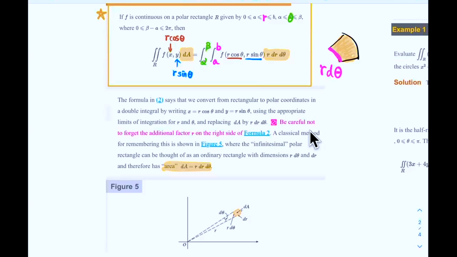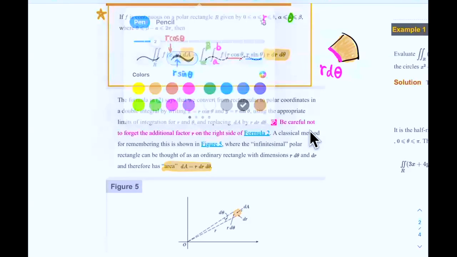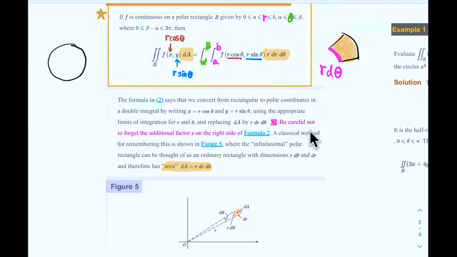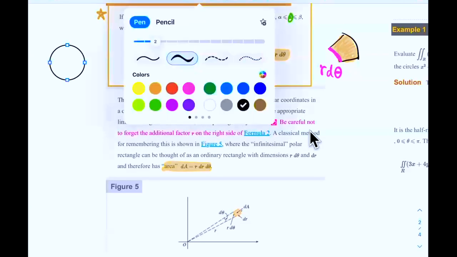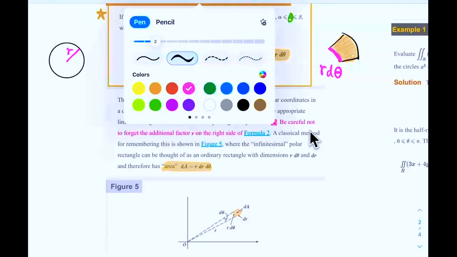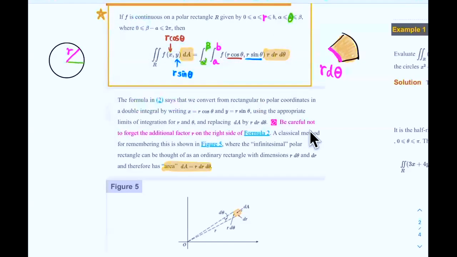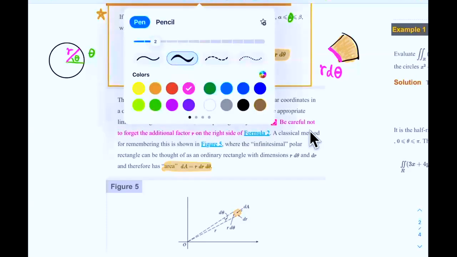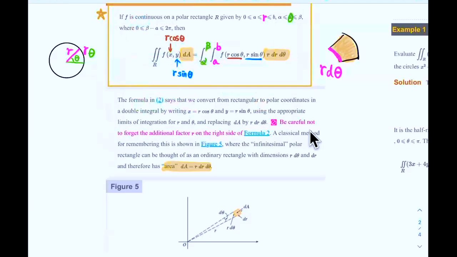Remember, how do we find the arc length? When we have a circle with radius r, and the angle is theta, then this arc length is going to be r times theta, when theta is in radians.